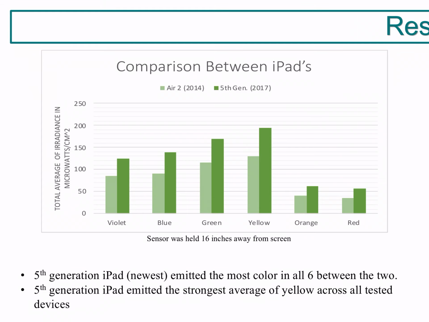So from just quickly going over the data, you can see that the 5th generation iPad emitted all 6 colors the strongest, mainly in green and yellow, but also relatively strong in violet and blue, and it drops off towards orange and red, which were the lowest 2 colors. And you can also see a trend in both iPads from left to right that they both follow.